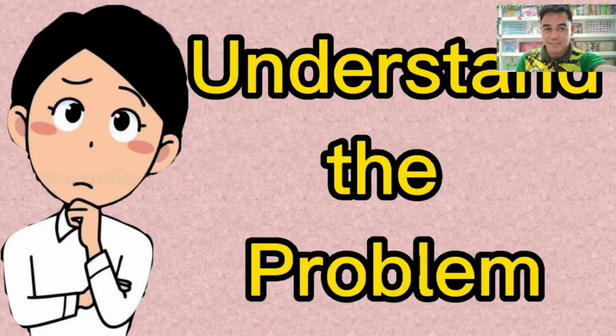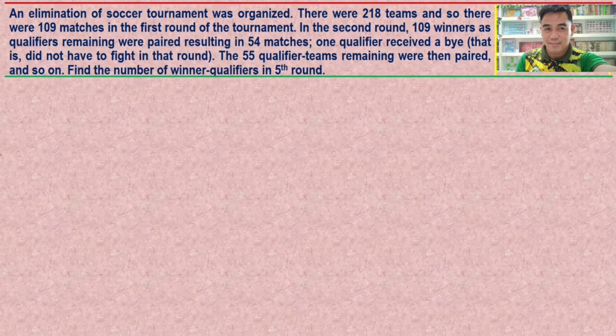Understand the problem. We understand that there are 218 teams and each team will be matched evenly. We know that there are 218 teams which will be paired to each other, and so that has 109 matches.